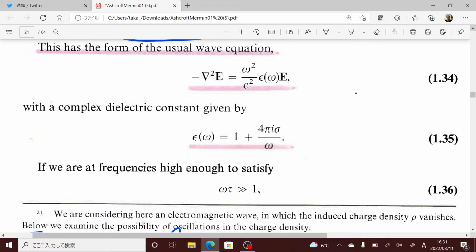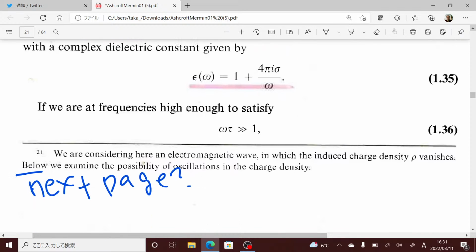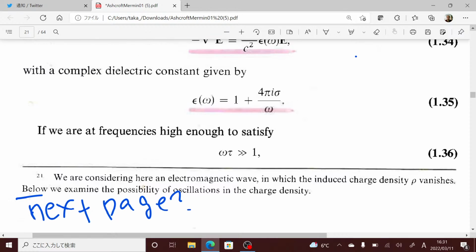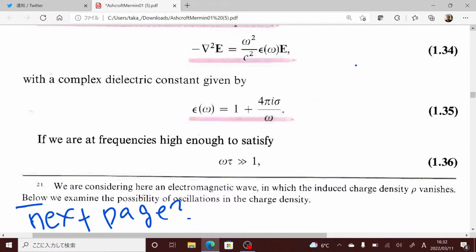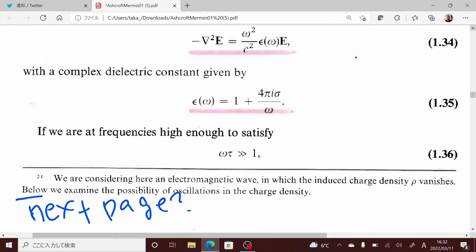If frequency is high enough, okay, let me write it down.